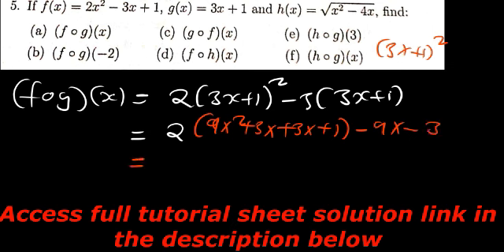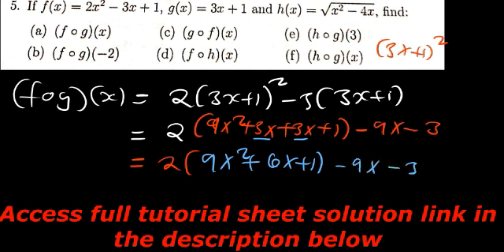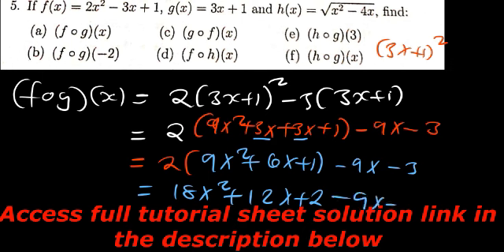Then now I can distribute this, but before I distribute 2, let us first simplify this. 9x squared plus 3x and 3x is 6x, plus 1, minus this, that. Now we can distribute 2. 2 times 9 is 18x squared, plus 2 times 6 is 12x, then plus 2 times 1 is 2, minus 9x minus 3.